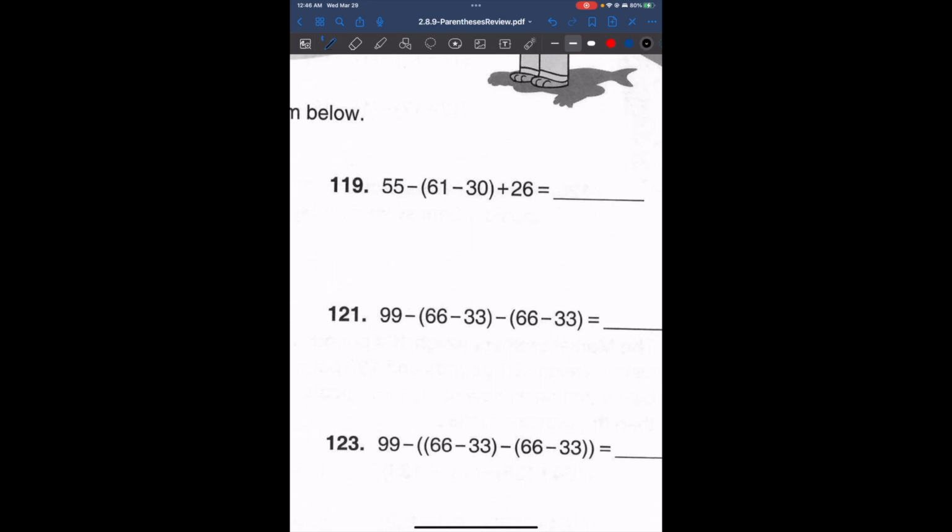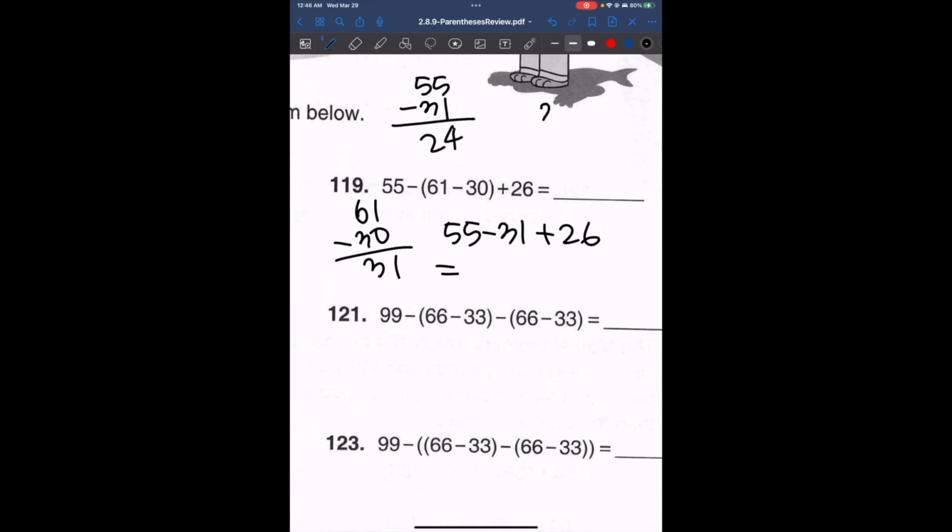We do what's in the parentheses first: 61 minus 30, which is equal to 31. So we're doing 55 minus 31 plus 26. 55 minus 31 is 24, and 24 plus 26 is equal to 50.